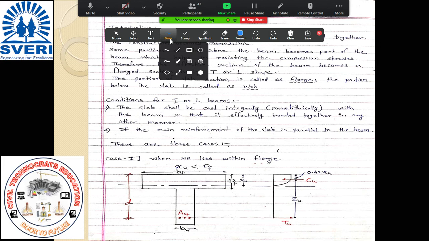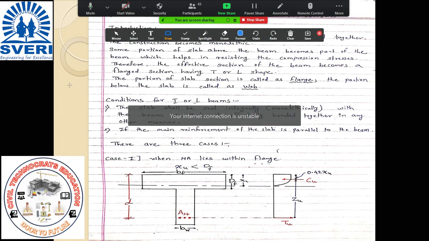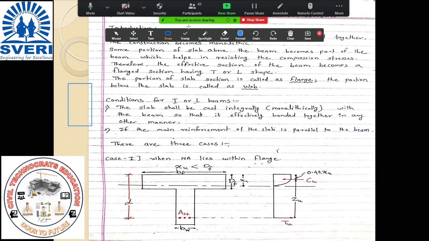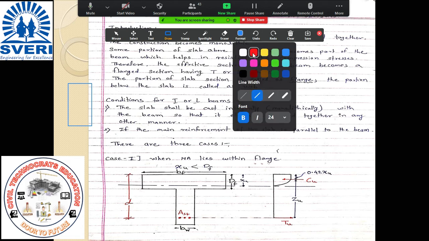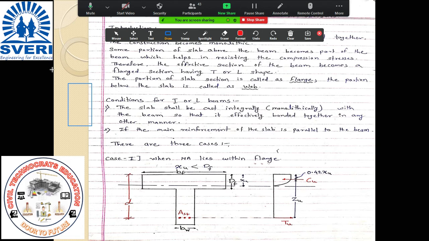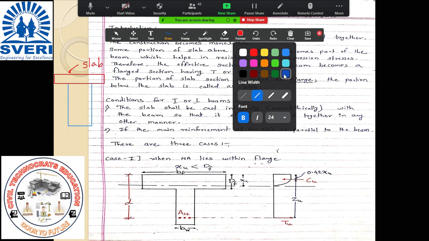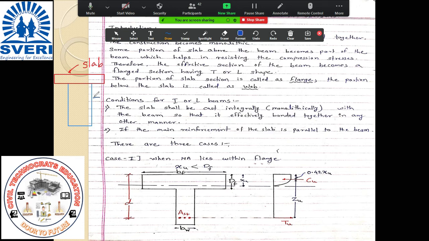So if I draw a diagram here, suppose this is your beam, and your slab is constructed above that. So this is nothing but your slab, and the remaining portion, this portion is your beam.